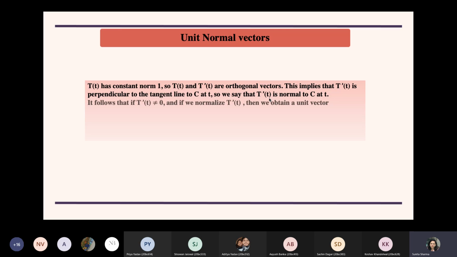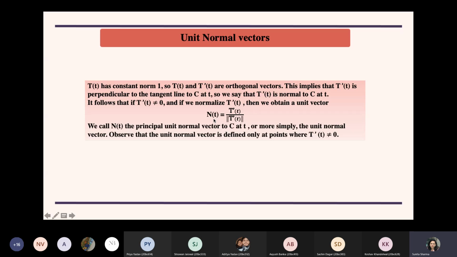But that is only possible provided this is not 0, so that you can normalize. Your norm should not become 0. So then this is how we define the unit normal vector. This is called the principal unit normal vector, or simply the unit normal vector.